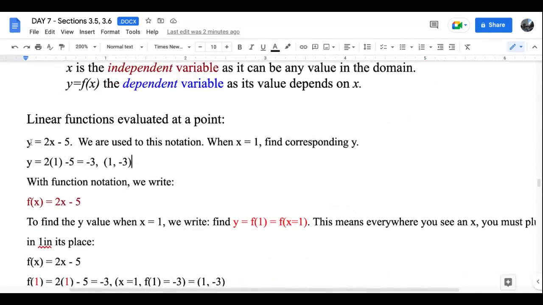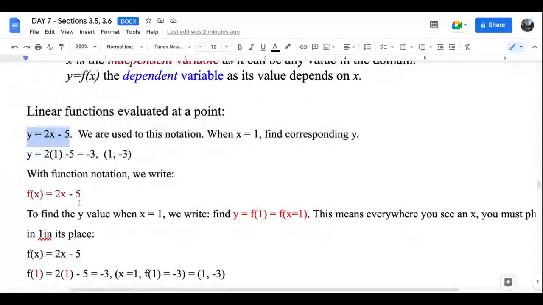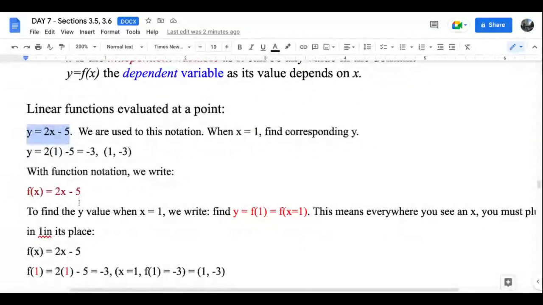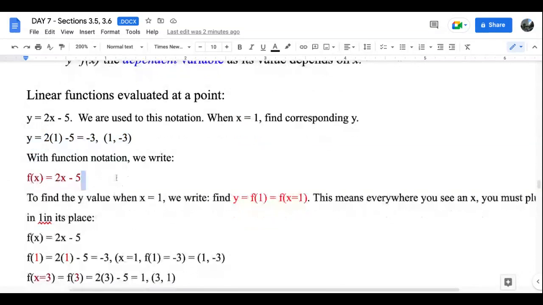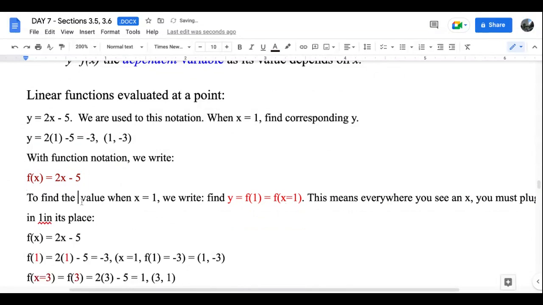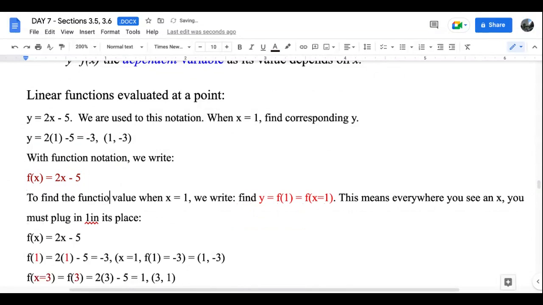Let's see this function. We have f of x equals 2x minus 5. And in this equation, when x equals 1, we can find the corresponding y value, right? So how do we find the function value when x equals 1?